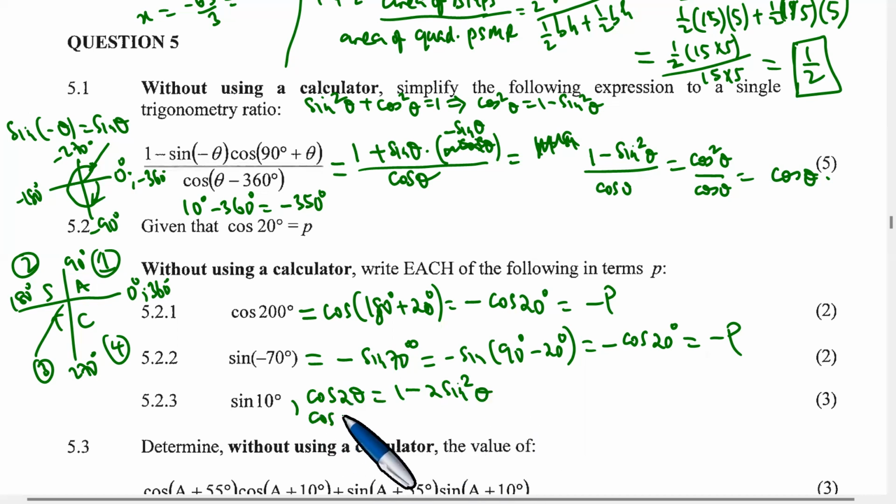So the cosine of 20 degrees is the same as cosine of 2 times 10 degrees, 20 is 2 times 10 degrees. And therefore this is 1 minus 2 sine squared of 10 degrees.